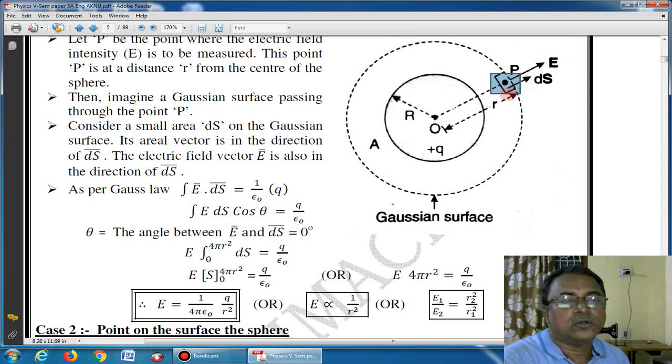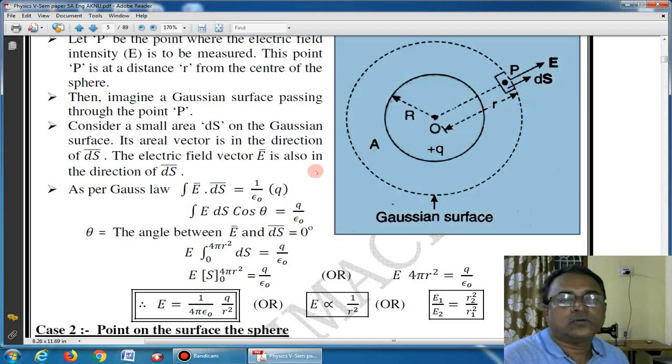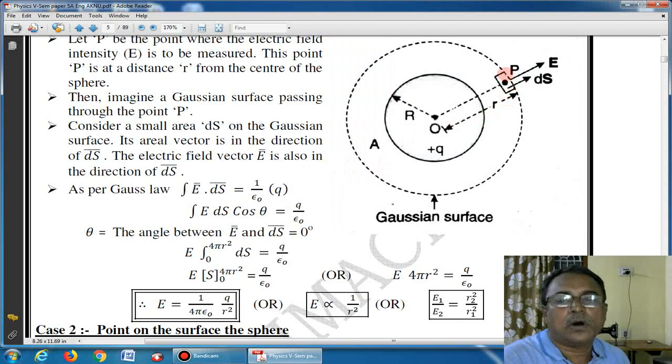This is also known for us. Then what is the flux passing through this small area? That is equal to, say, d phi. That d phi is equal to E bar dot ds bar.